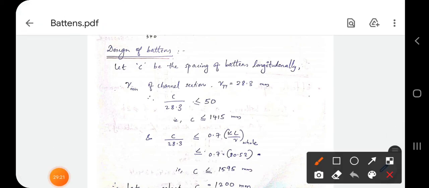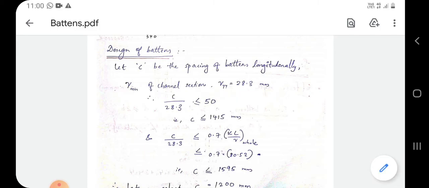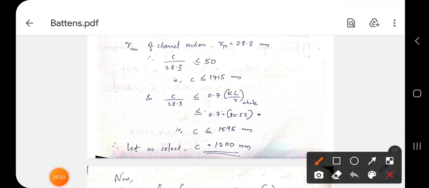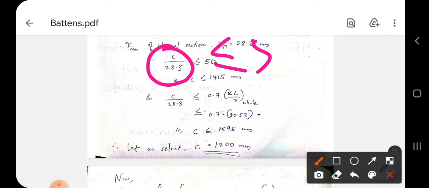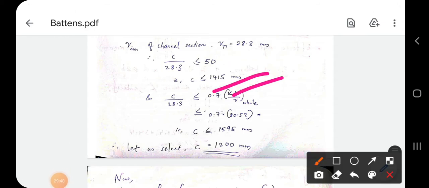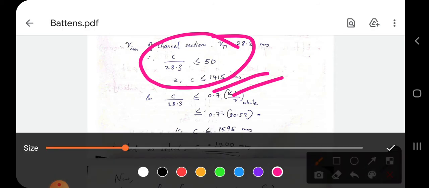R minimum of the channel section is 28.3 mm, so we are checking C by R minimum of component member. C by 28.3 should be less than or equal to 50. That is the first condition. From that we can get C as equal to 1415 mm.